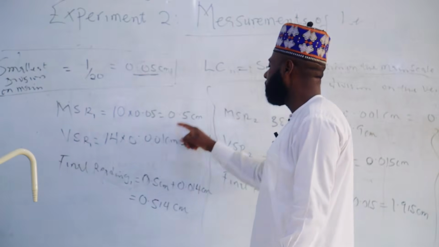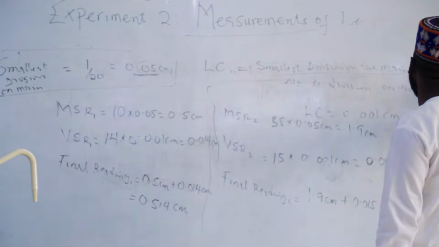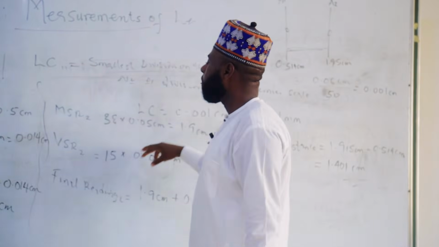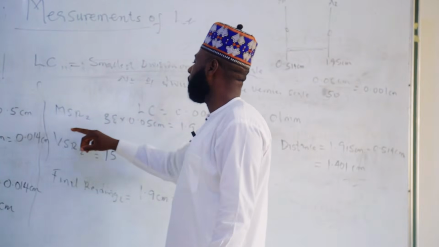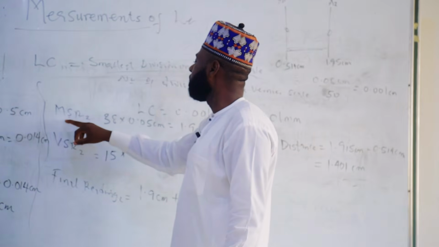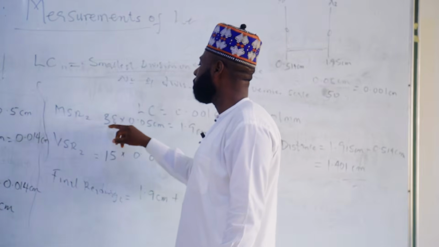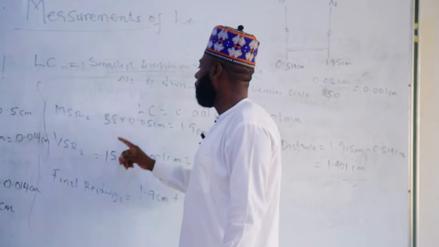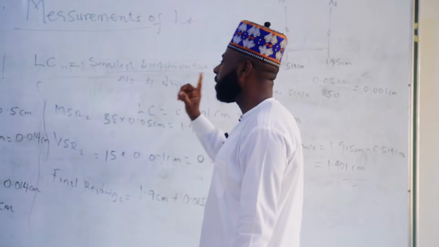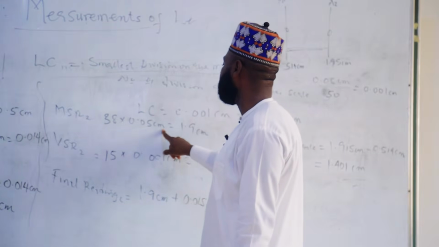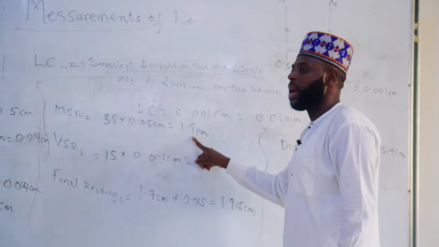The addition of this gives us the position of the first line. Then we do the same on the other line by observing the reading on the main scale, which is on the 38th position. Then we multiply it by what each division on the main scale represents, which is 0.05, to give us 1.9 centimeter.